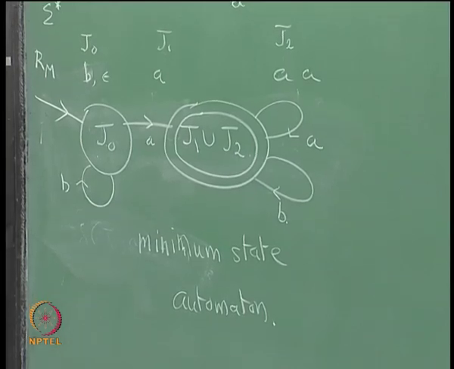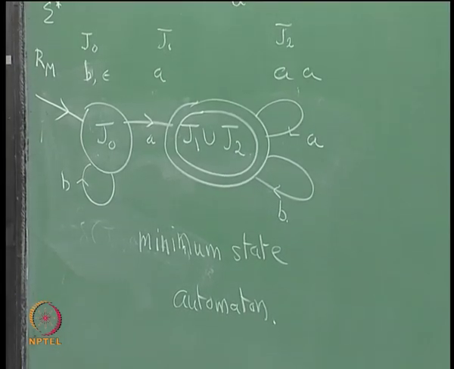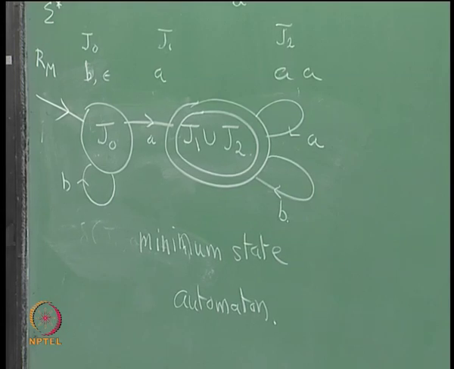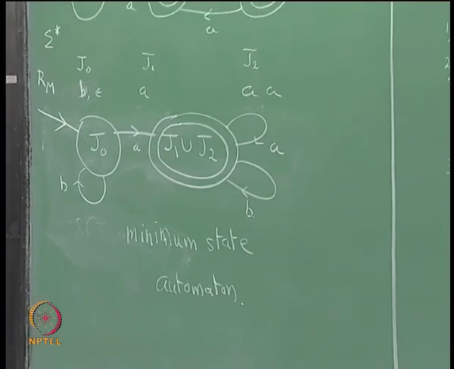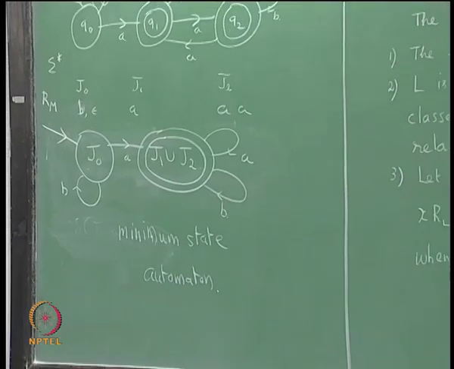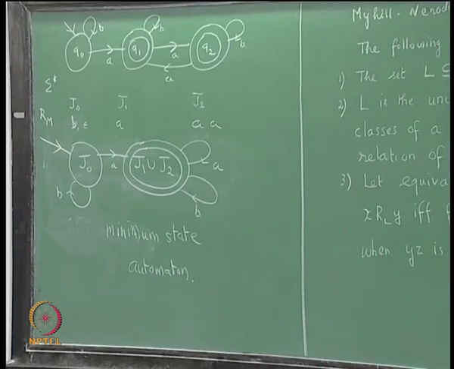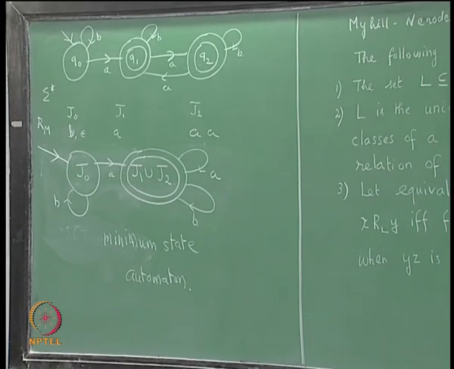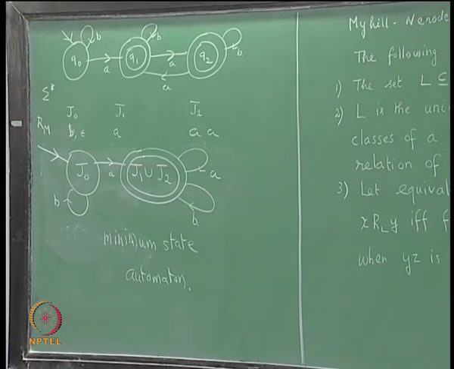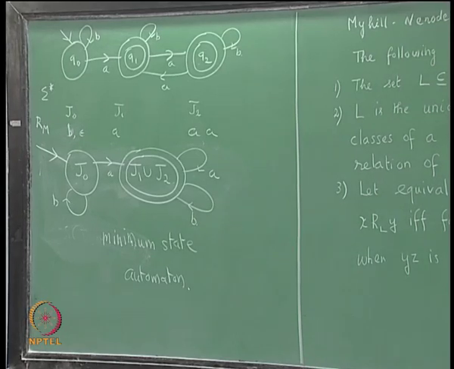So, we have proved the Myhill-Nerode theorem, and making use of Myhill-Nerode theorem we can minimize an automaton. Given a deterministic FSA, you can find the minimum state automata. Another use of Myhill-Nerode theorem is to show something is not regular.